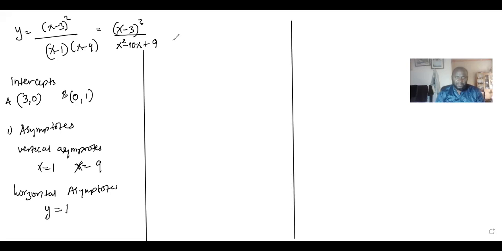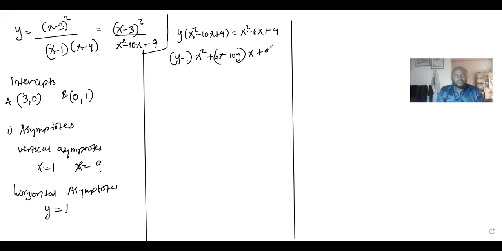Okay, well, when you cross multiplied, what did you get? You have y times (x squared minus 10x plus 9) is equal to x squared minus 6x plus 9. So (y minus 1) x squared plus (6 minus 10y) x plus (9y minus 9) is 0.